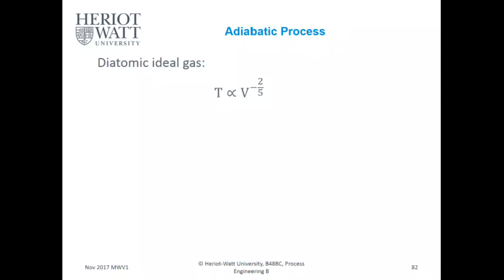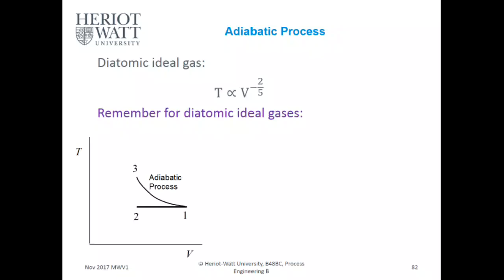So for a diatomic gas, your relationship becomes T directly related to V to the minus 2 over 5. And remember your rotations. So we'll go over this again tomorrow, but the reasoning is your rotations from heat capacity.